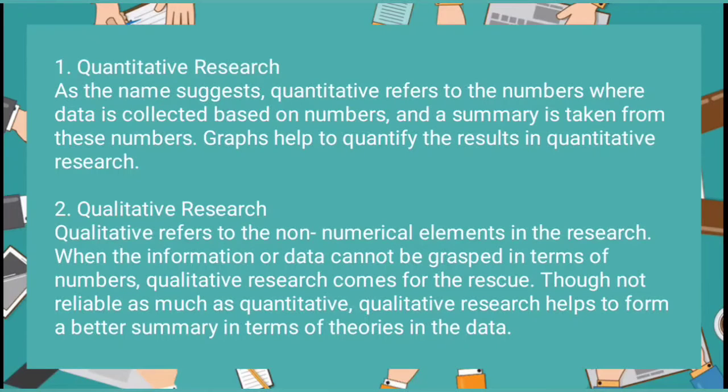The second method is the qualitative research. As the name suggests, qualitative refers to the data which is non-quantitative in nature, which means that the elements are non-numerical. So in qualitative research, the information is not numerical data, the numbers are not present, whereas you have the qualities and the theories.